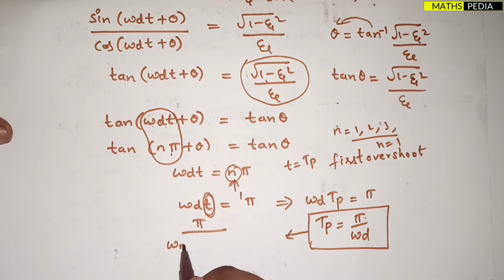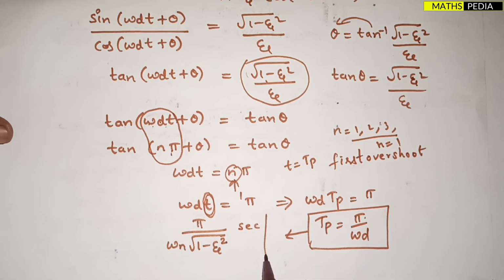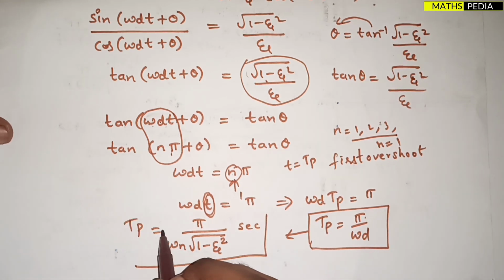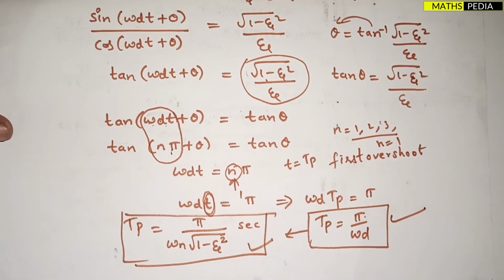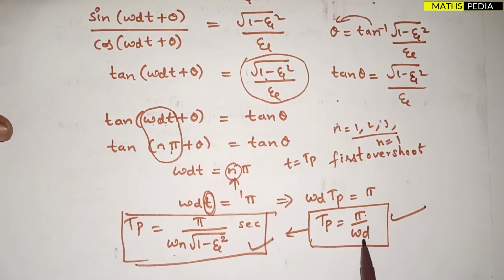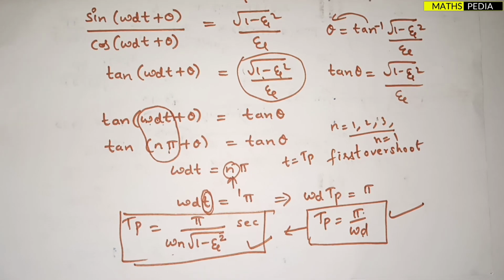Omega d formula is omega n into under root of 1 minus zeta square. Okay, this unit will be seconds. Tp is equal to, you can write this or you can write this, both are the same, just replacing omega d with omega n into under root of 1 minus zeta square. So this is the derivation for peak time.